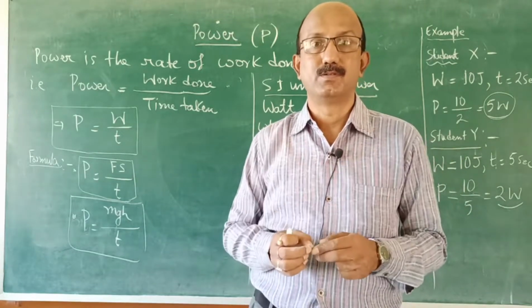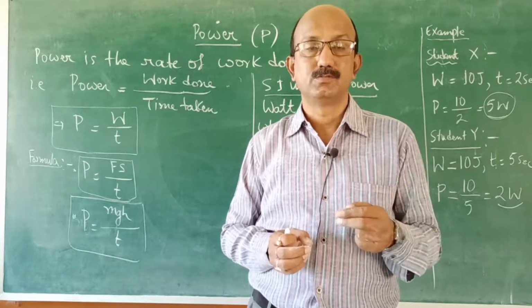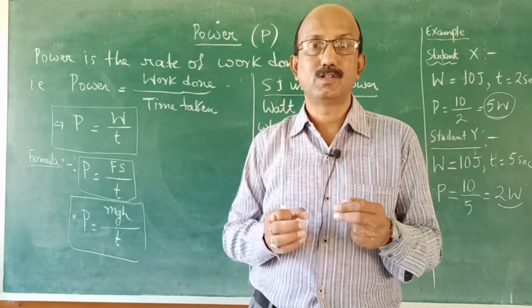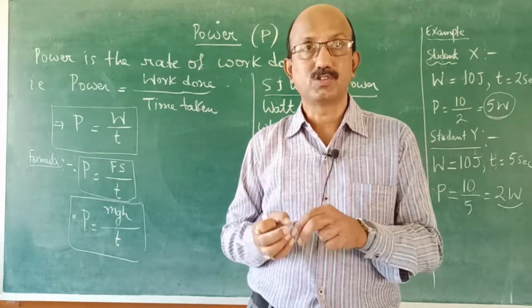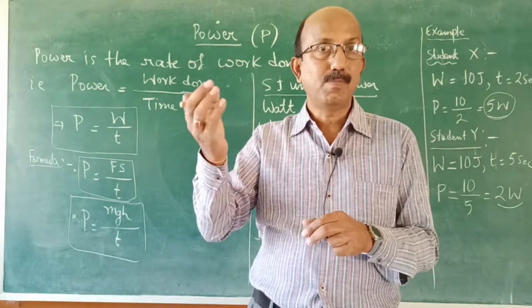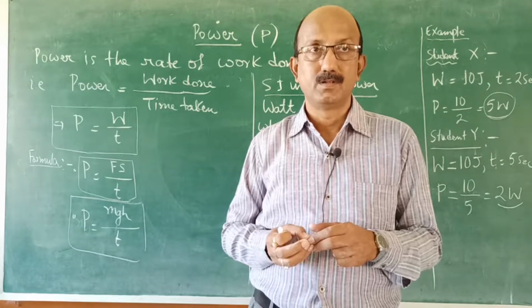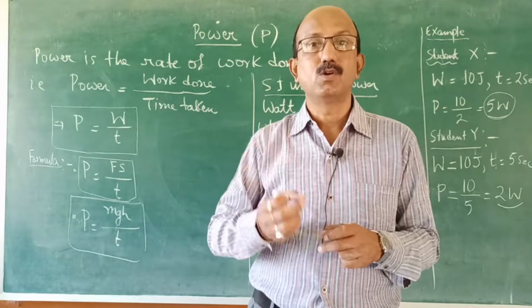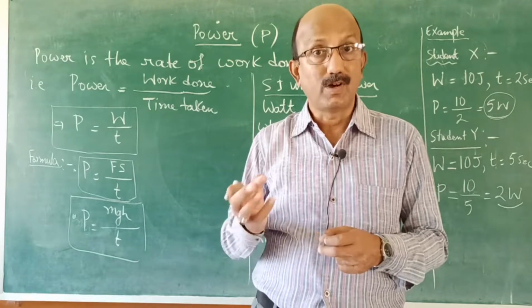Take the water pumps we use in our homes, which are rated as half horsepower, 1 horsepower, 2 horsepower. The greater the power of a water pump, the more quickly it can lift water. Lifting water means doing work faster.